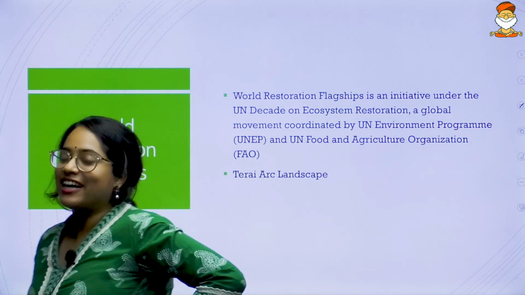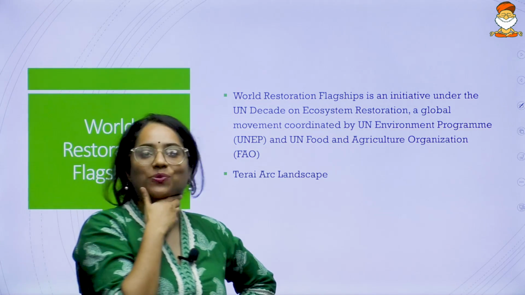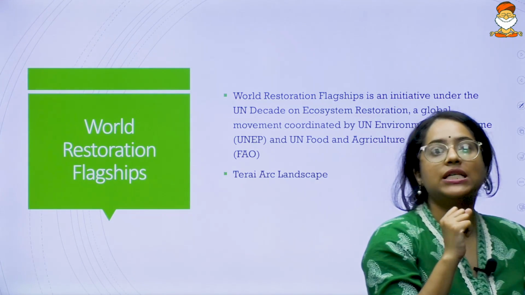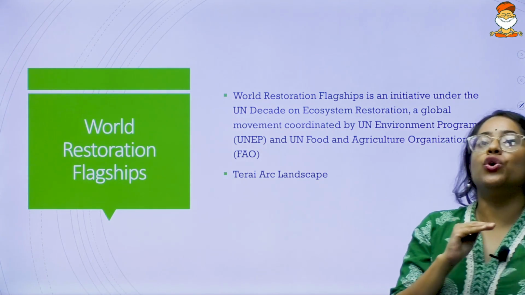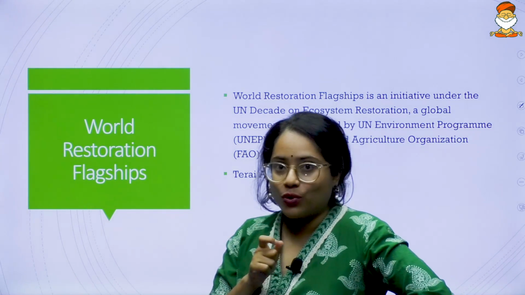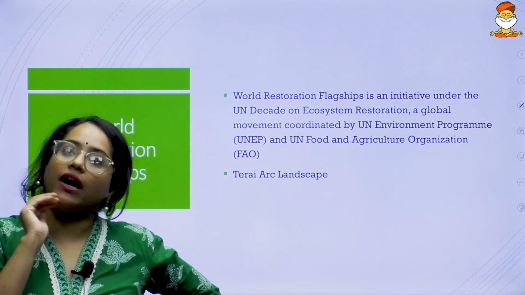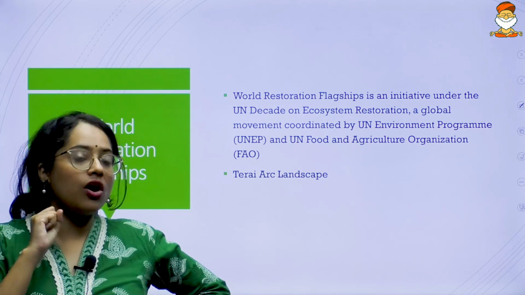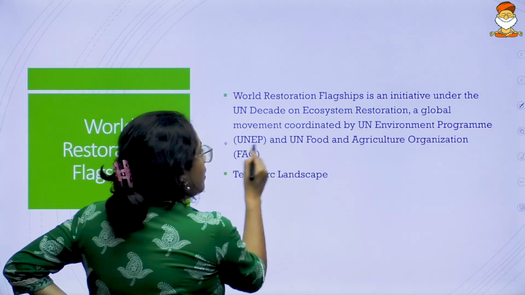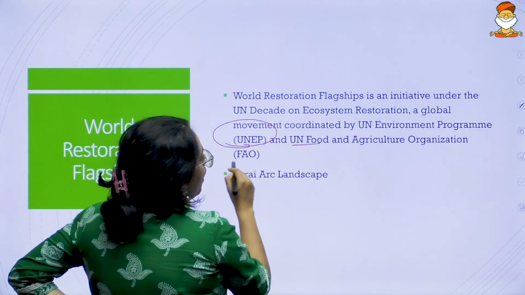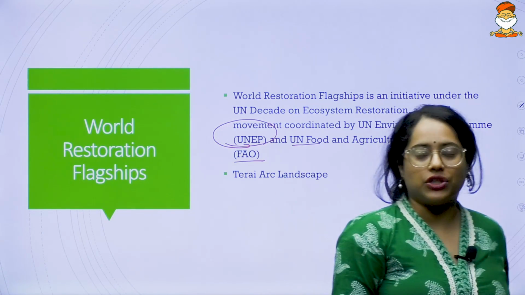Another important current affair that I want to discuss with you is about an initiative called World Restoration Flagships. Okay, the World Restoration Flagship is an initiative under UN, primarily coordinated by your UNEP and FAO, Food and Agriculture Organization.